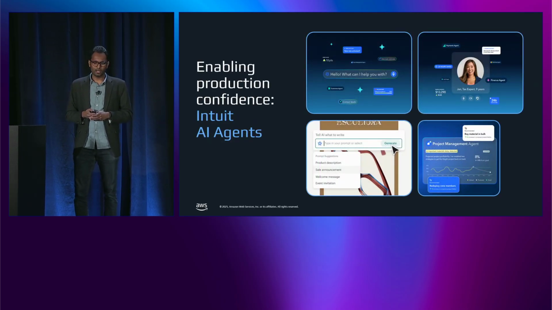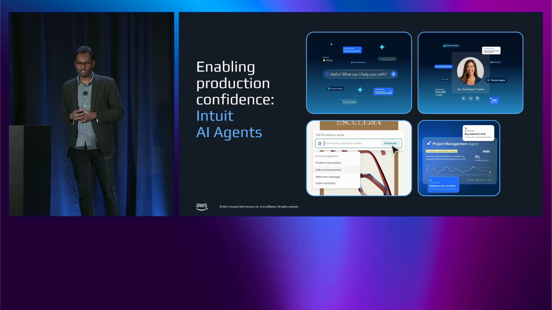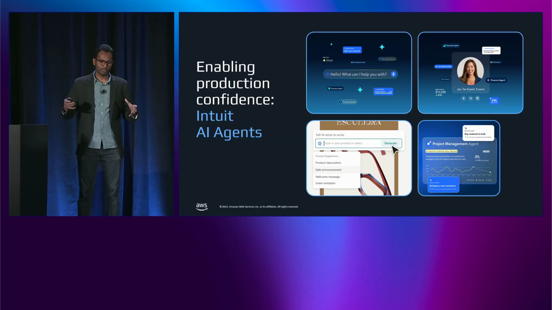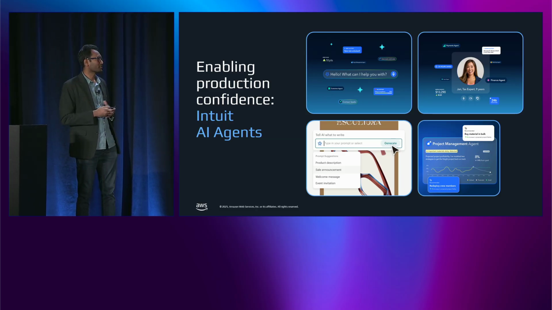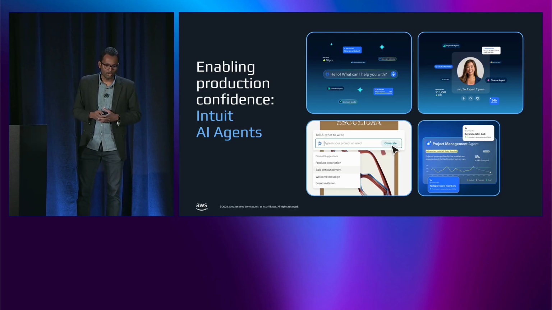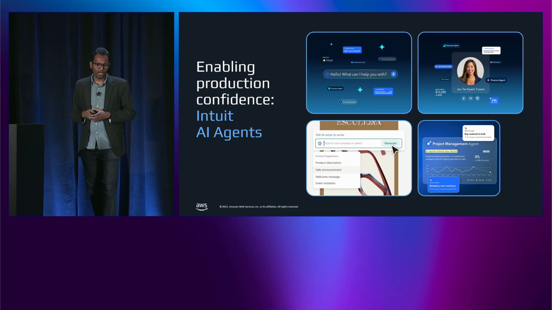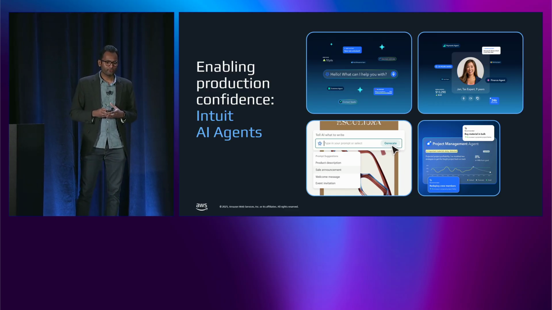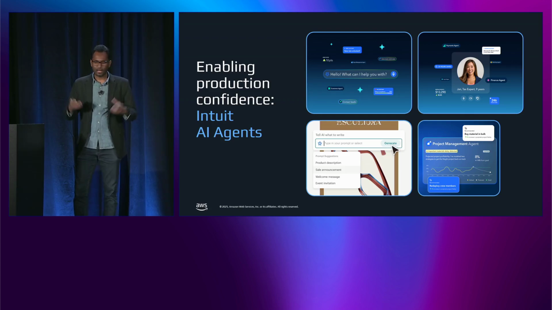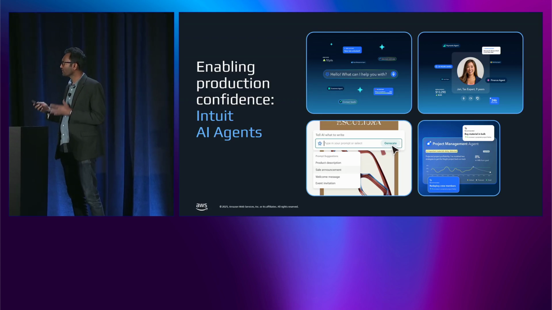So what did this essentially enable for Intuit, this scaled version of the MLflow platform? For the Intuit AI agents that I talked about before, they wanted to have confidence in quality, accuracy, and safety.